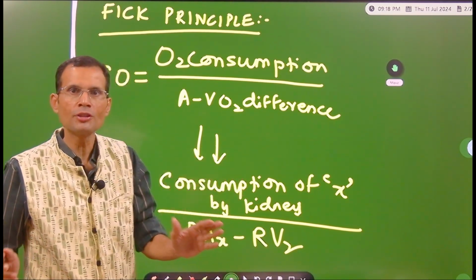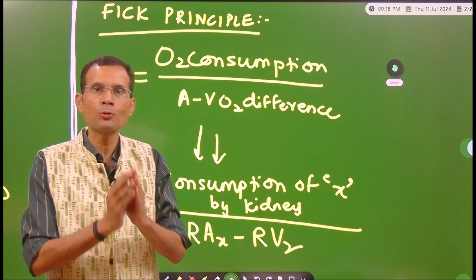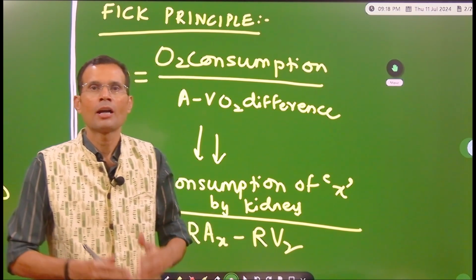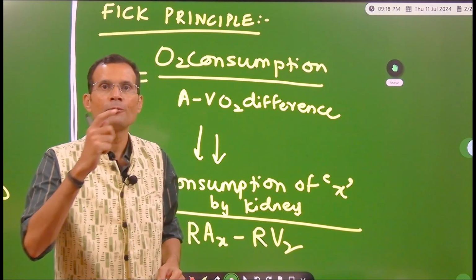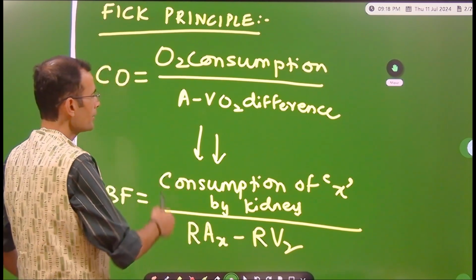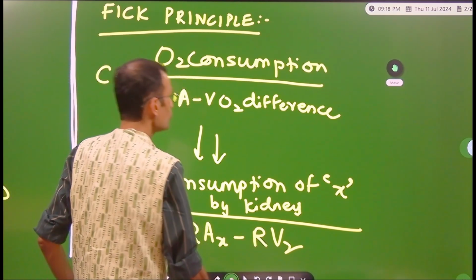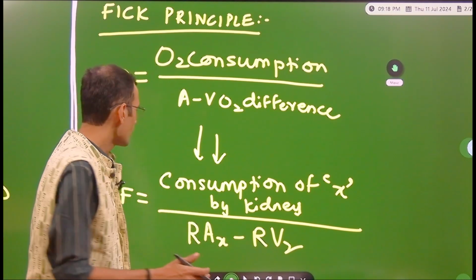Same principle can be used to measure the blood flow to a particular organ. After all, what is cardiac output? The sum of blood flow to all organs is equal to cardiac output. So same principle can be used or applied for measurement of blood flow to a particular organ.